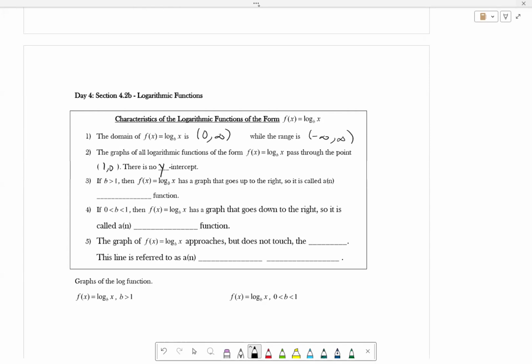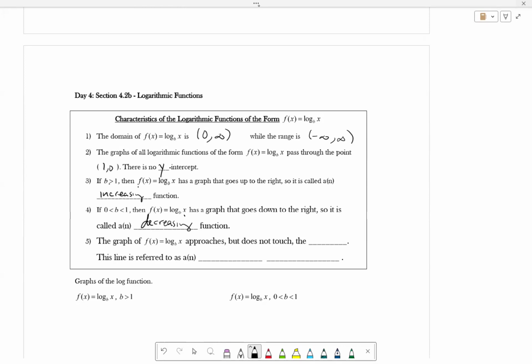If b is greater than 1, then f of x equals log base b of x has a graph that goes up to the right, so it's called increasing. And if b is between 0 and 1, it has a graph that goes down to the right, so it's called decreasing.